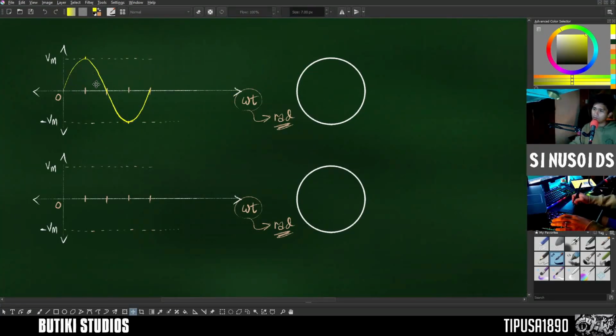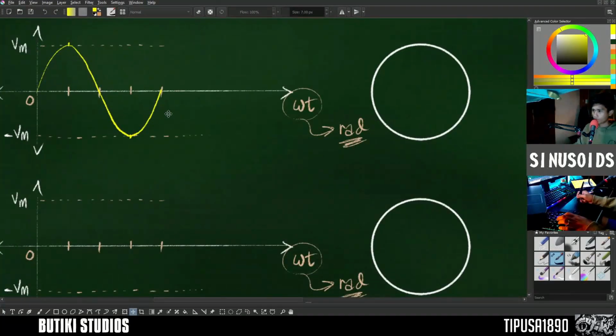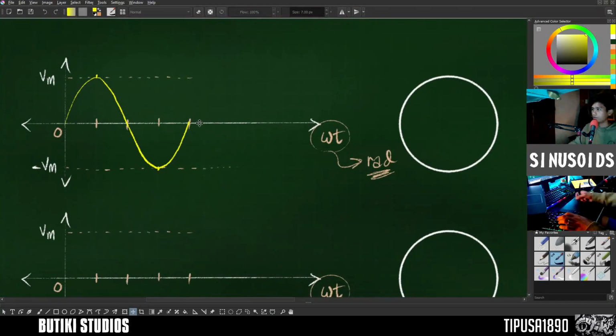So isa lang ka buok nga wave ang atong basihan, and let us analyze this portion here. You have your peak value and then your wave will reach a certain peak and then go back to its negative side and reach another peak.